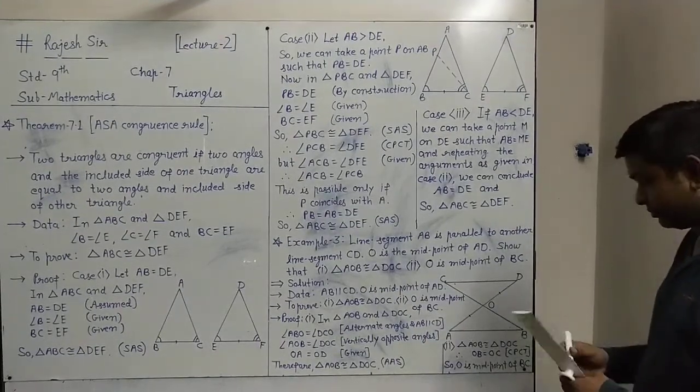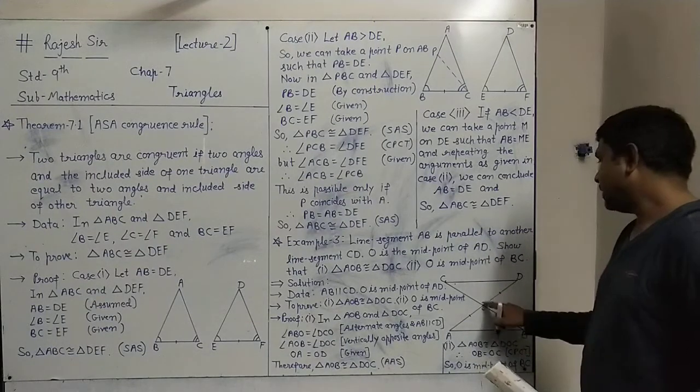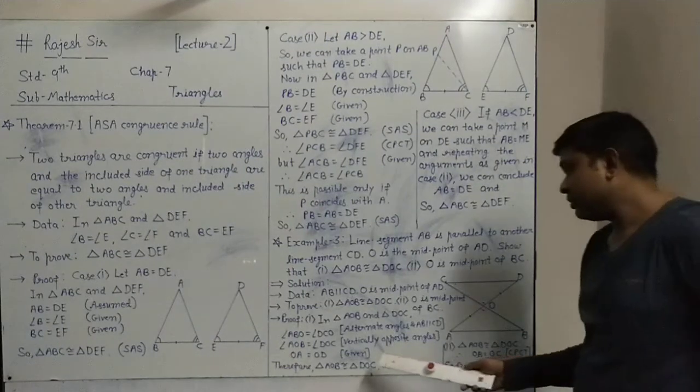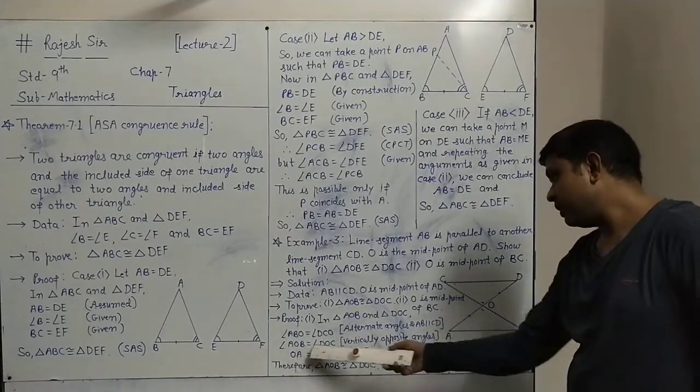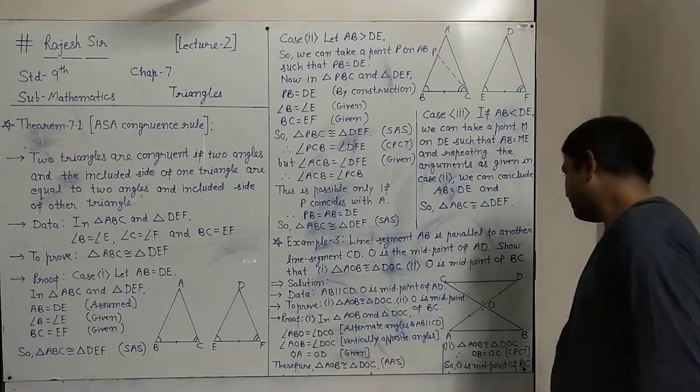You can see here, they are vertically opposite angles, and vertically opposite angles are always equal. In the last chapter we have seen angle AOB equals angle DOC.